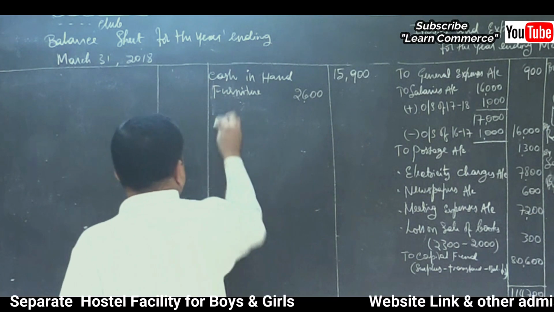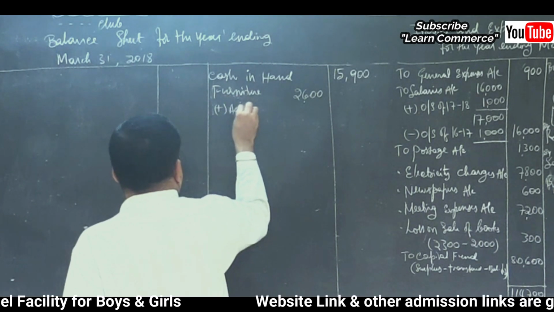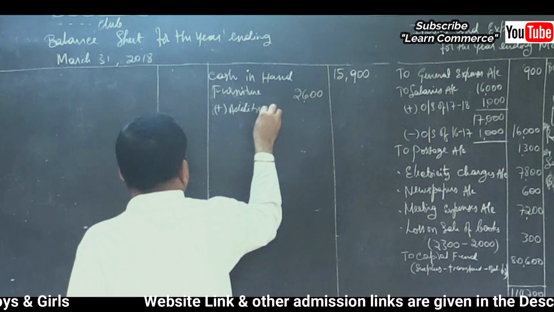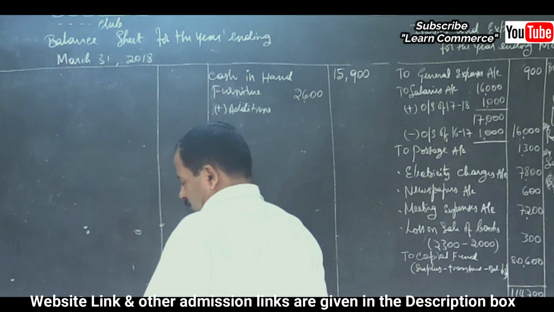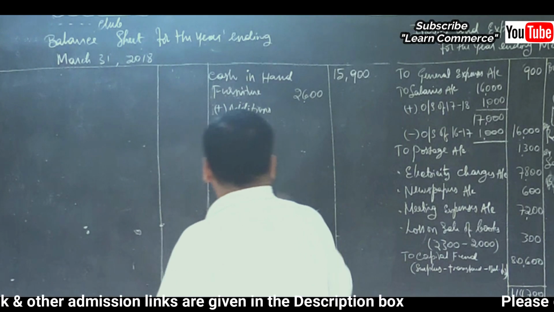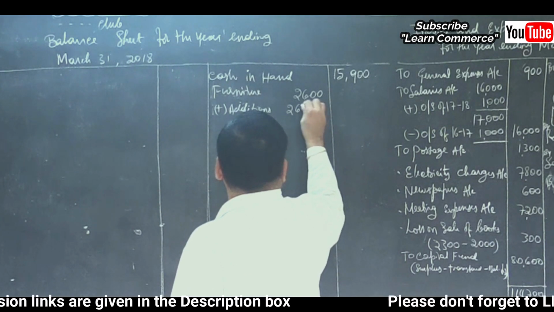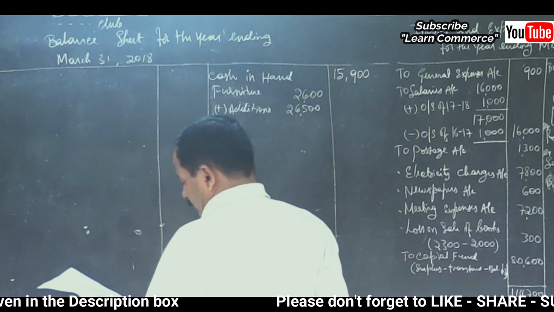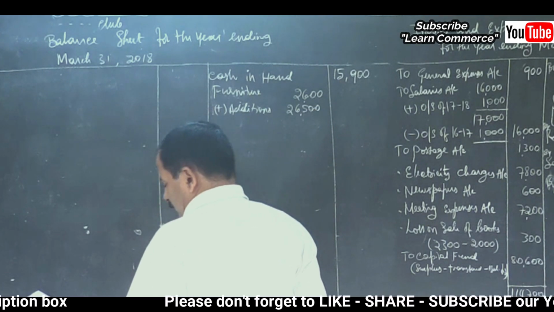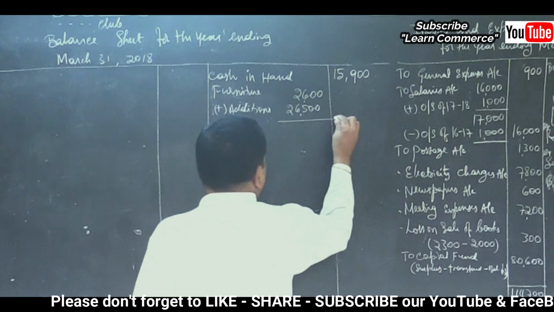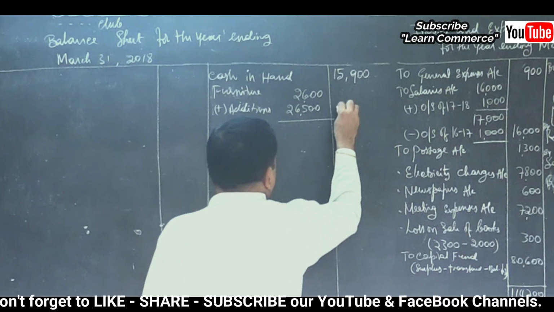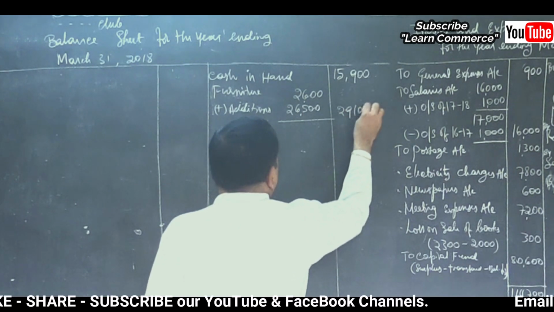Add additions, 26,500. So 29,500. Sorry, 29,100. Right?